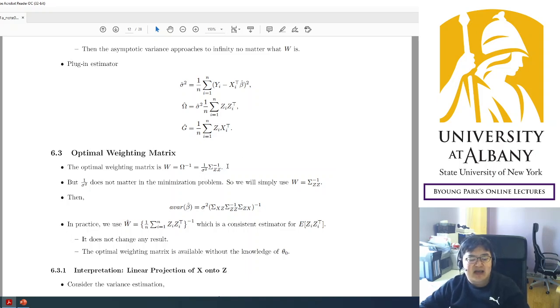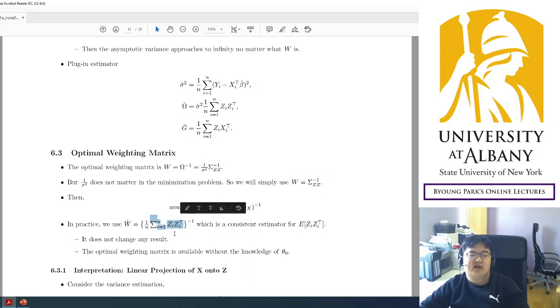The second best answer is that you can use the identity matrix to estimate some kind of consistent beta first. Then using beta tilde, the first stage beta, estimate sigma tilde squared. That is an estimator of sigma squared, and you plug that into here, and this part is easy to handle.